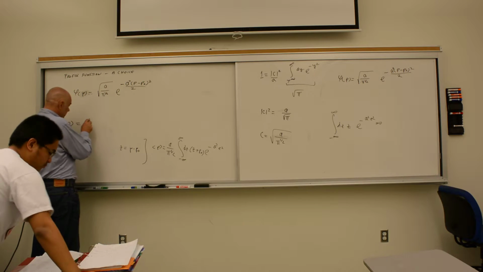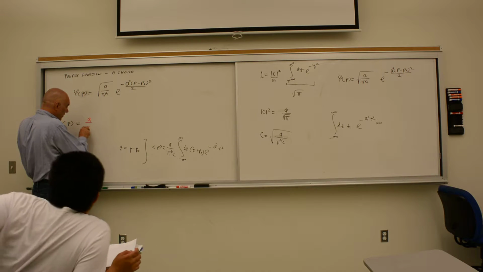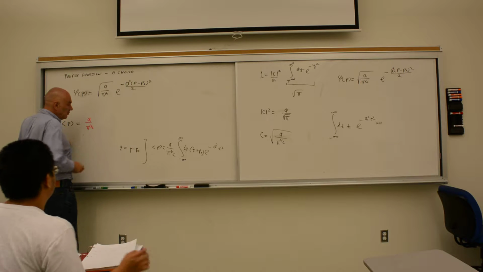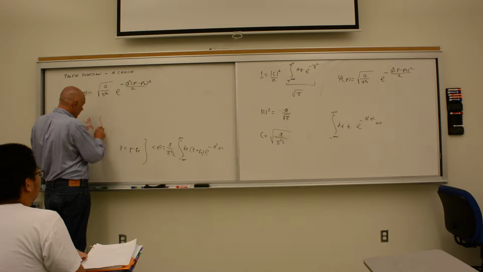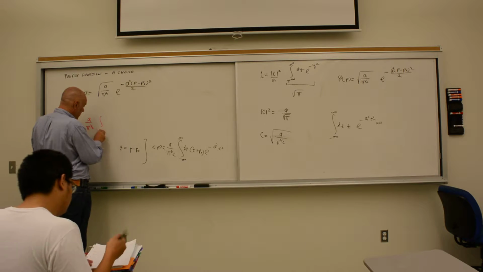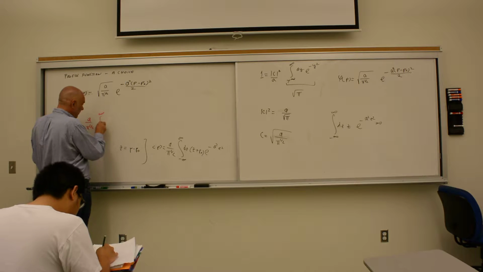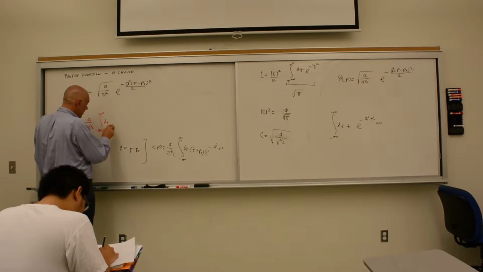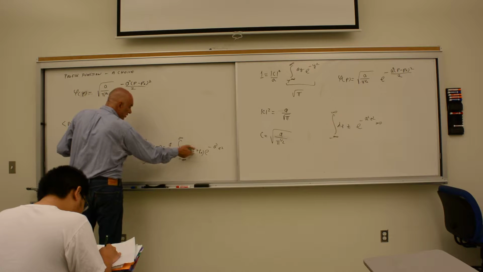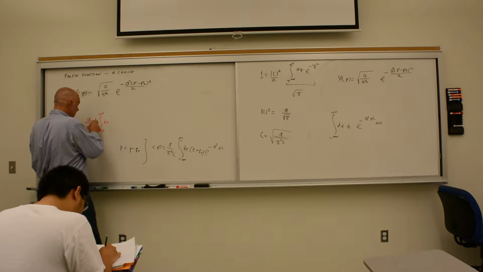So what's left is a over pi to the 1/2, integral from minus infinity to plus infinity dz. The term in p0 remains.